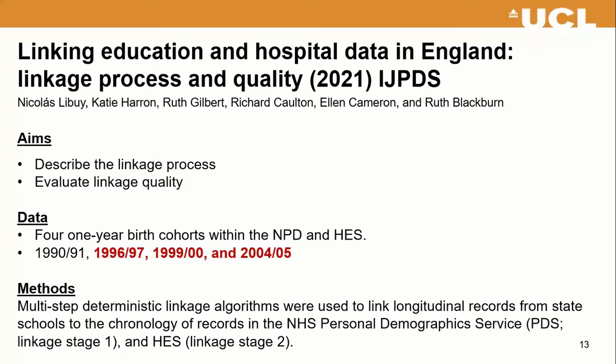As I mentioned before, it's important to remember that the linkage between the National Pupil Database and health records can only be done in a secure environment, using linkage methods that use confidential personal identifiers such as full name, the history of addresses, date of birth, and sex.